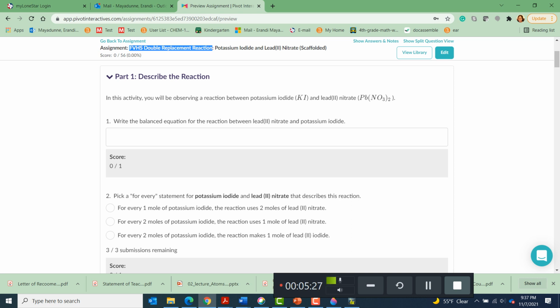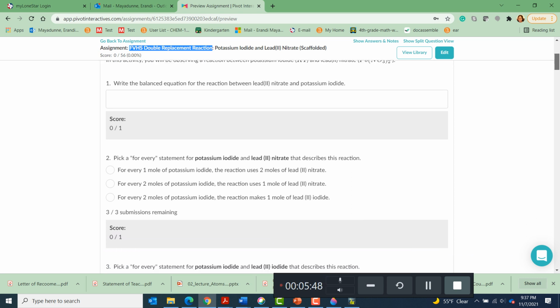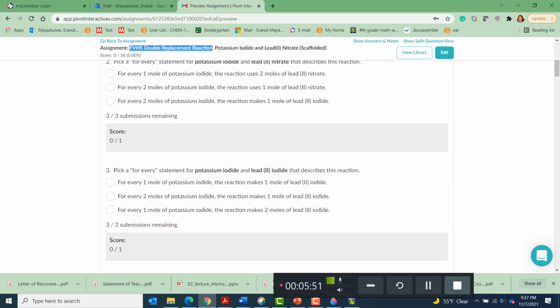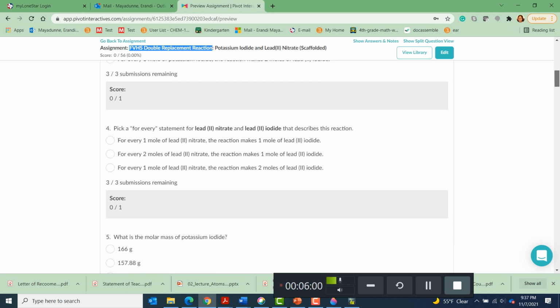So I can see that for every 2 moles of potassium iodide, the reaction uses 1 mole of lead nitrate, because the mole ratio of potassium iodide to lead nitrate is 2 to 1. So always 2 moles of potassium iodide goes with 1 mole of lead nitrate. Similarly, they ask to pick the statement for potassium iodide and lead iodide. So you need to look at the reaction.